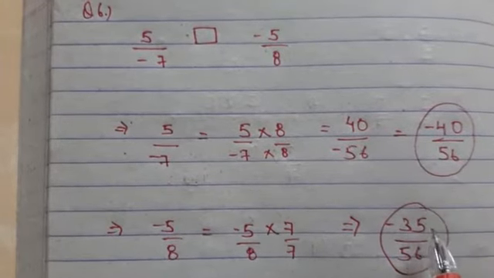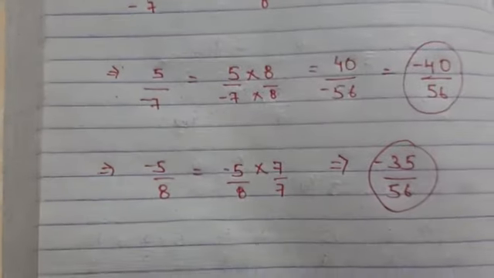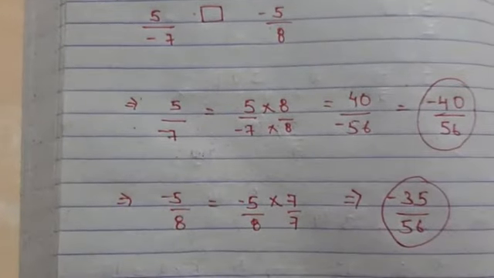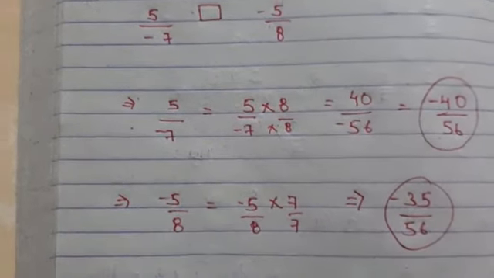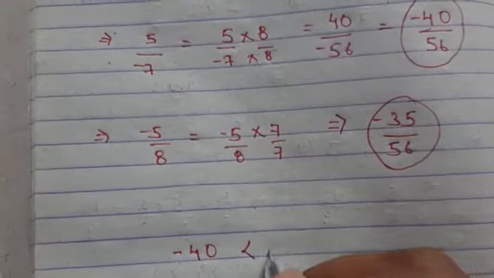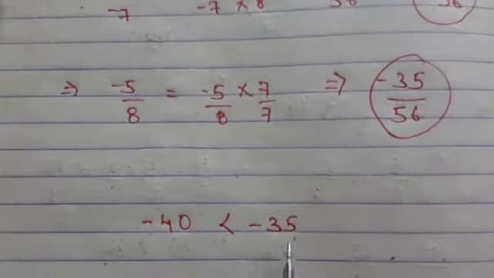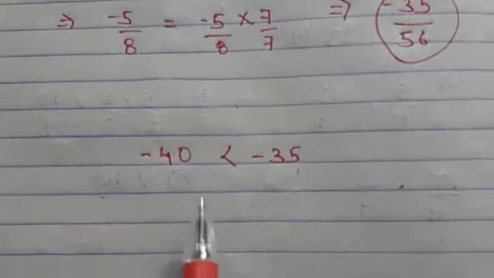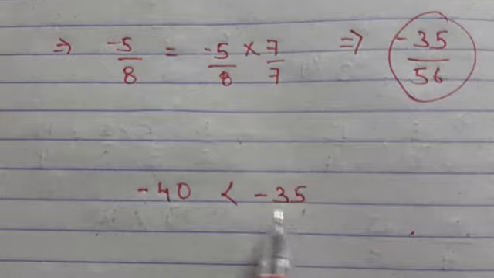Now you need to compare which one is greater and which is smaller. So minus 40 is less than minus 35. Instead of saying that minus 35 is greater than minus 40, I am saying it in the opposite form: minus 40 is less than minus 35. That means what?